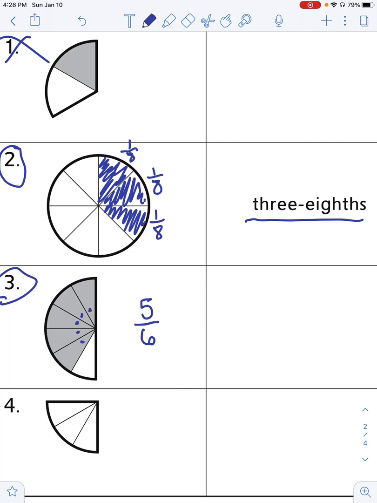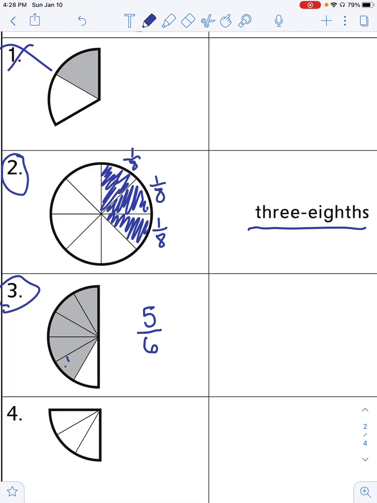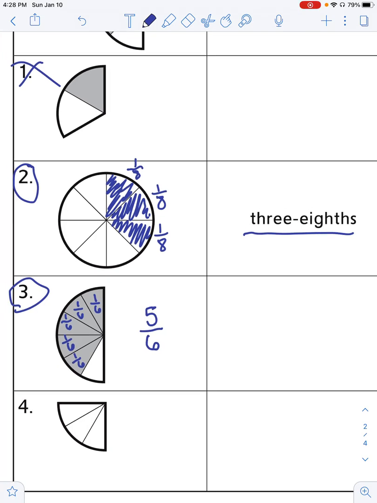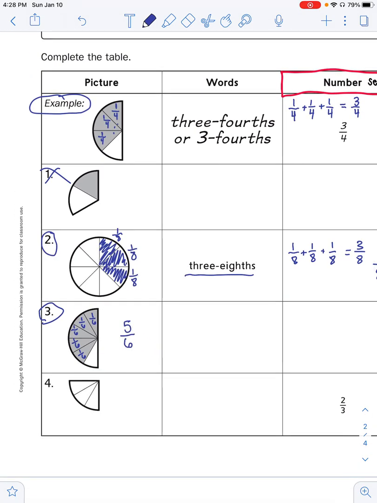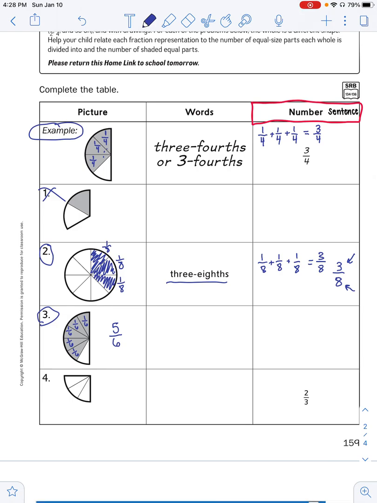So 5 would go on top because that is the number of shaded parts.